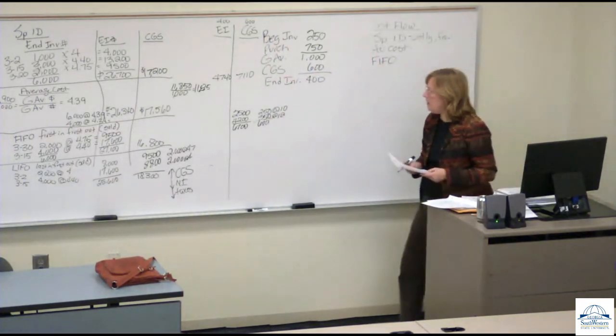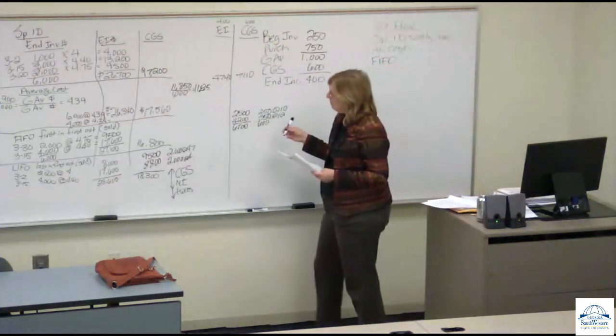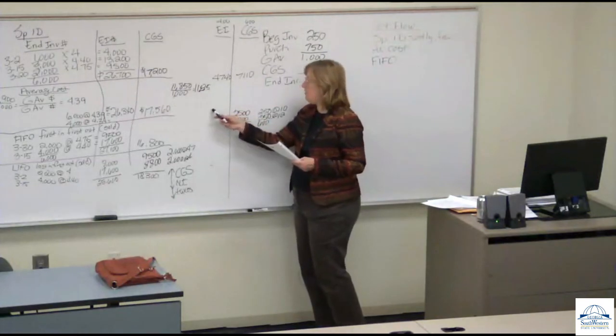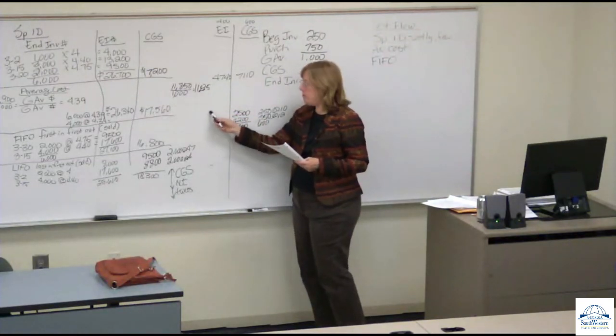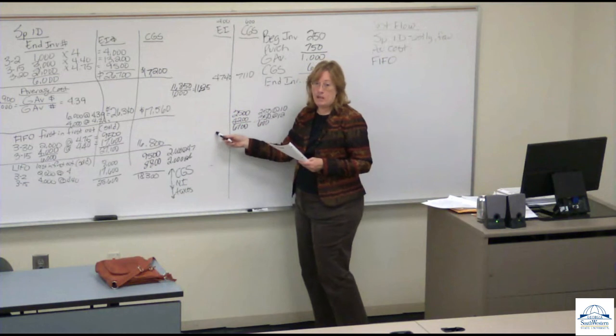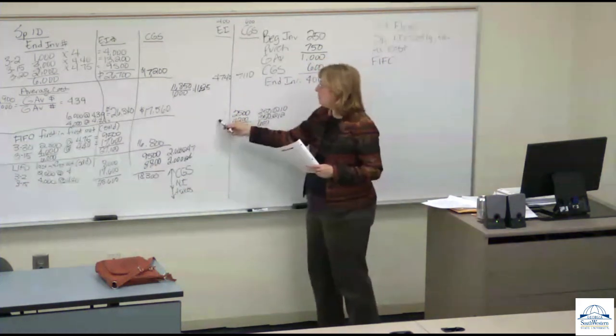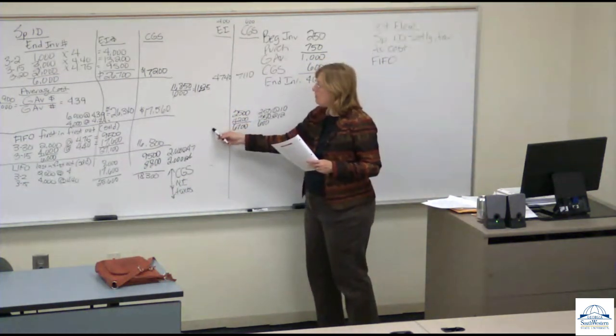Okay, now we could recalculate this over here, which is what I normally do, but just for time purposes, I'm not going to recalculate it. I know what this number is.